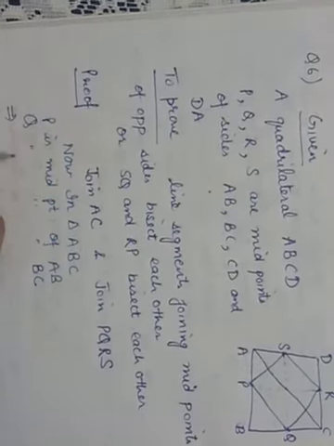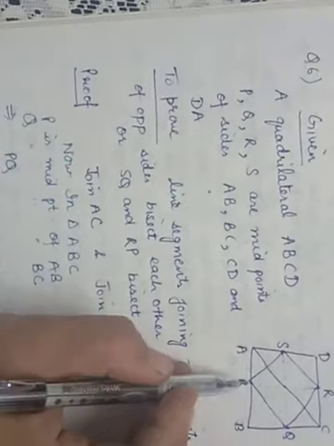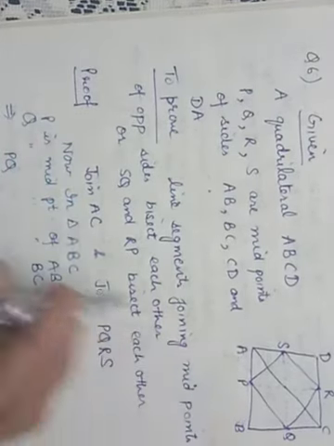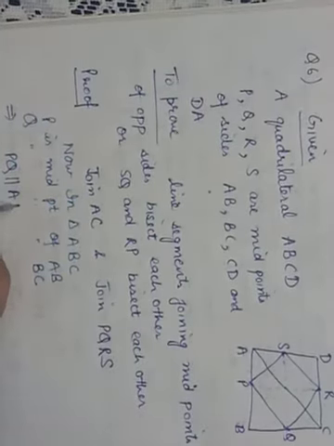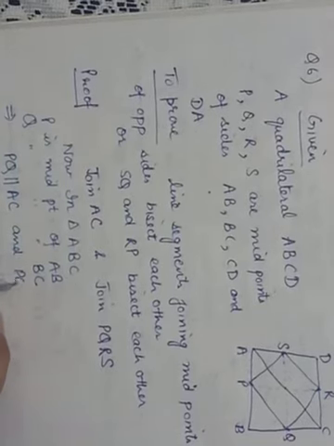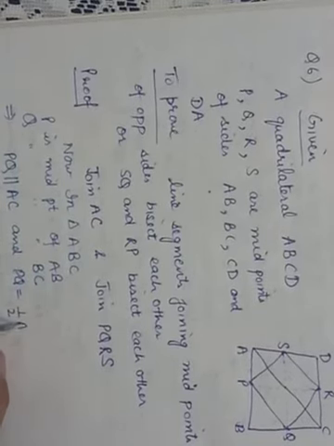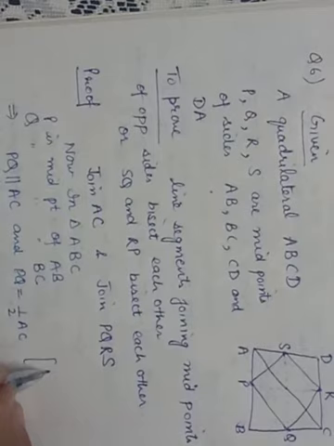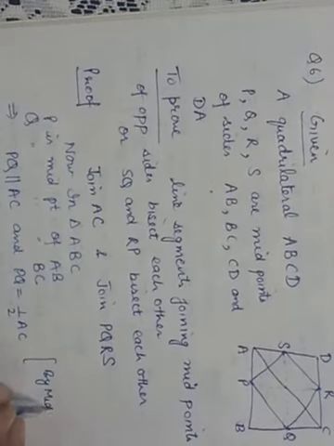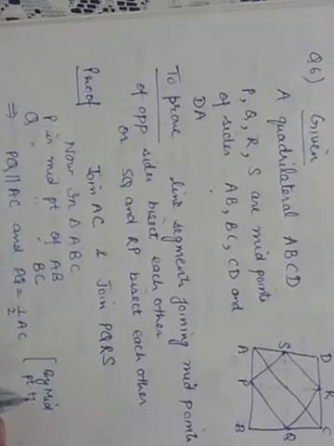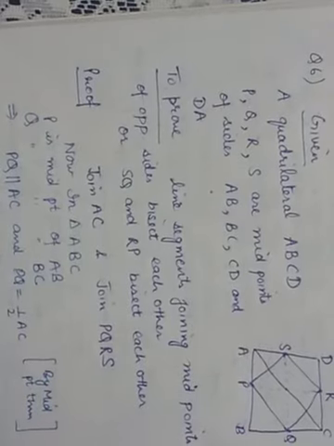Then this implies PQ is parallel to the third side, that is AC, and is half of it. PQ is parallel to AC and half of AC. How? By the midpoint theorem. You can write this in the reason.